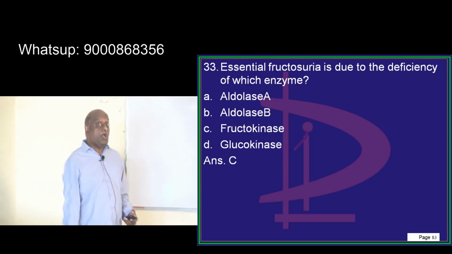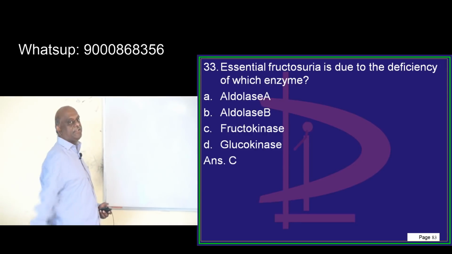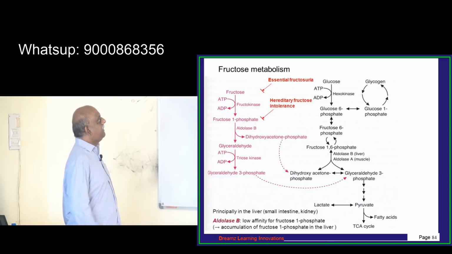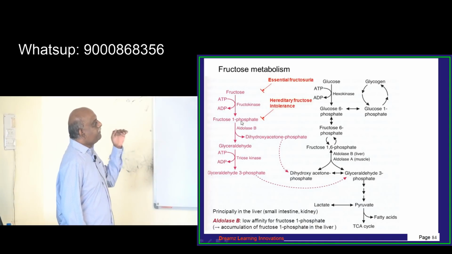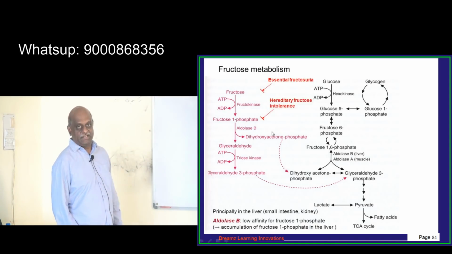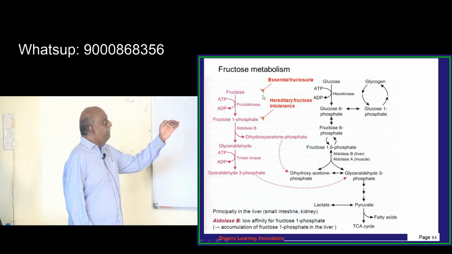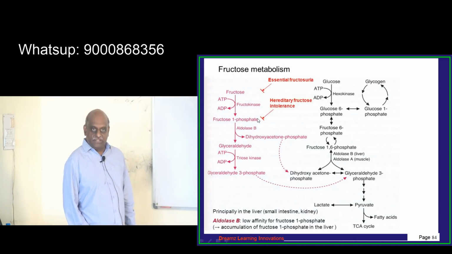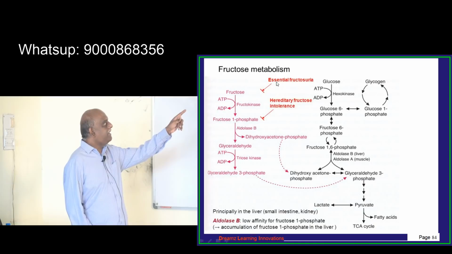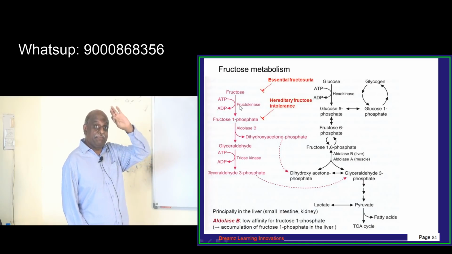It is the fructokinase deficiency which causes essential fructosuria. See, doctor, fructose becomes fructose 1-phosphate. For that you require fructokinase, and that is absent in essential fructosuria.